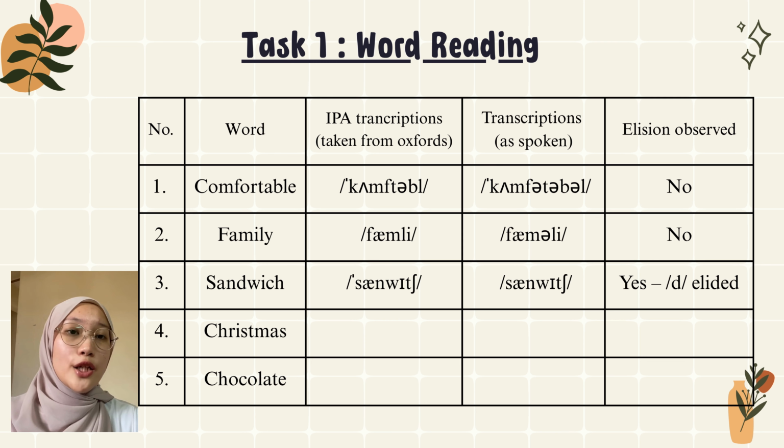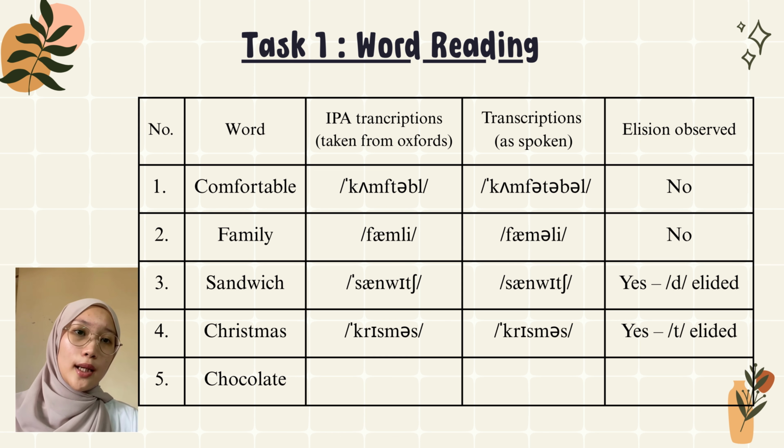This kind of elision is actually very common in native or non-native British English, especially when certain consonant clusters like n, d, and w are simplified for ease of articulation.